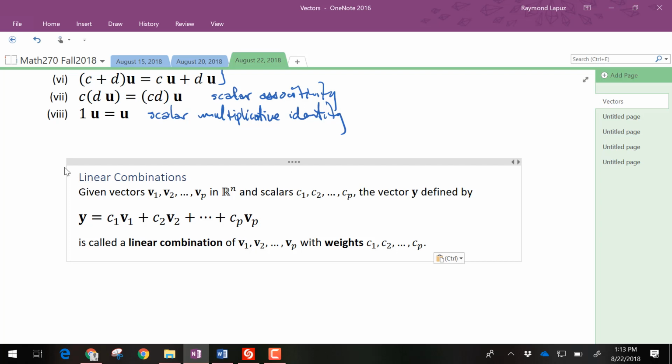So we're going to take a vector, scale it, and add another vector and scale it. And remember, these scalars are just any real number, so they could well be 0. But the idea is that we have a set of scalars and a set of vectors that we're multiplying, and then we add them all up together. And that idea gives a linear combination.